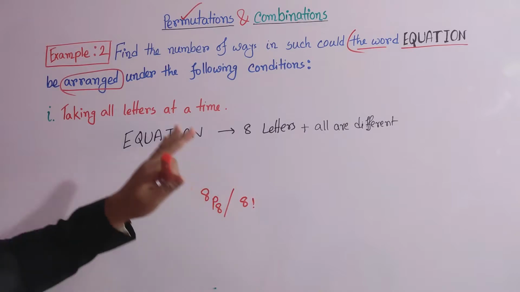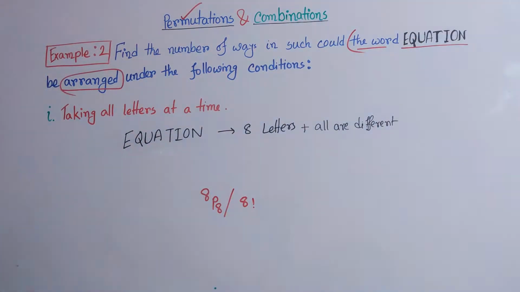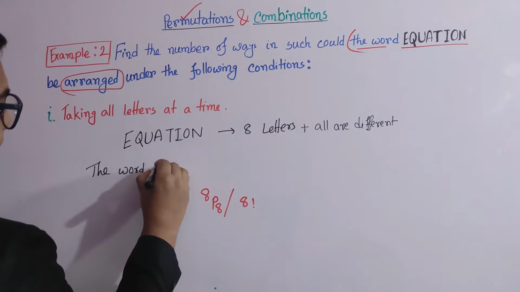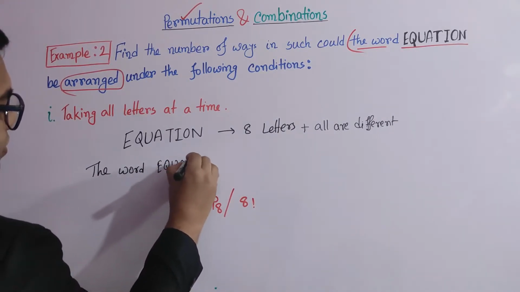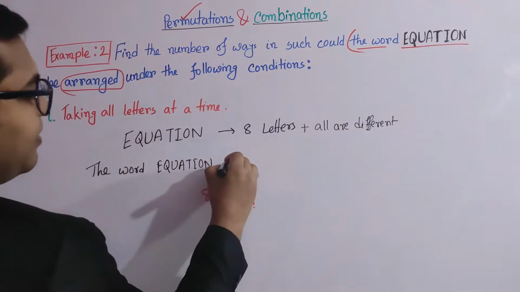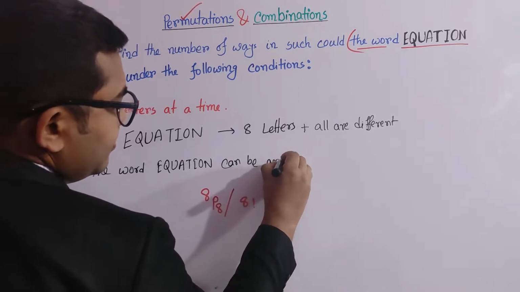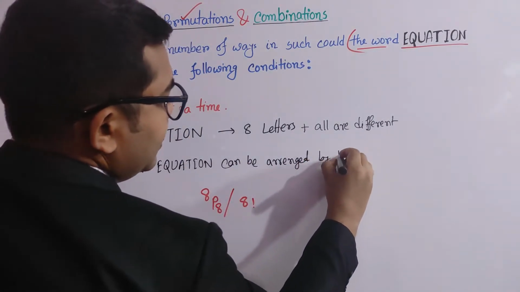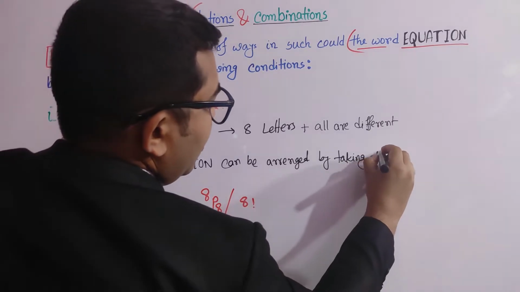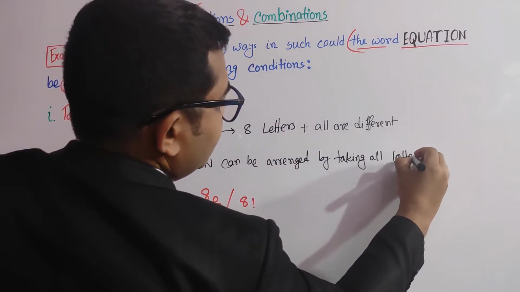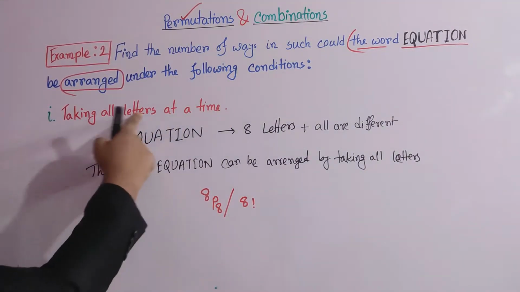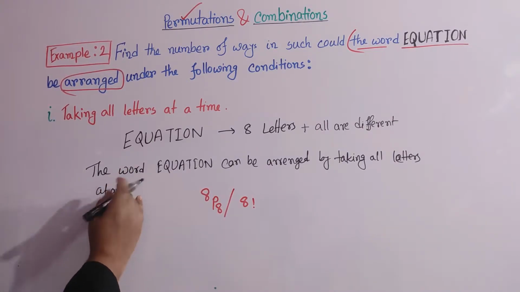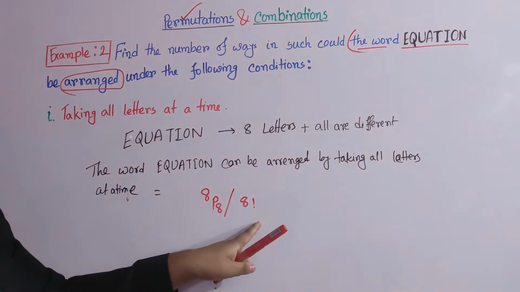So what we have to write from this given part is: the word equation can be arranged by taking all letters at a time is equal to 8P8 or 8 factorial.